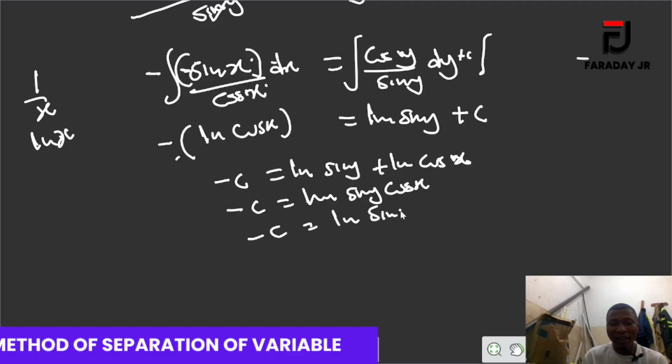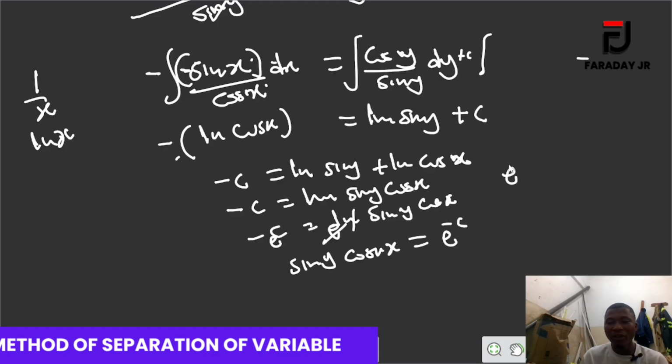The next thing we are going to do is take the antilog of the function, or the exponent of the function. Realize that this e exponent will cancel the ln function, and we end up getting sine y cos x equal e exponent minus c. But any constant is just a constant, no matter how it looks.